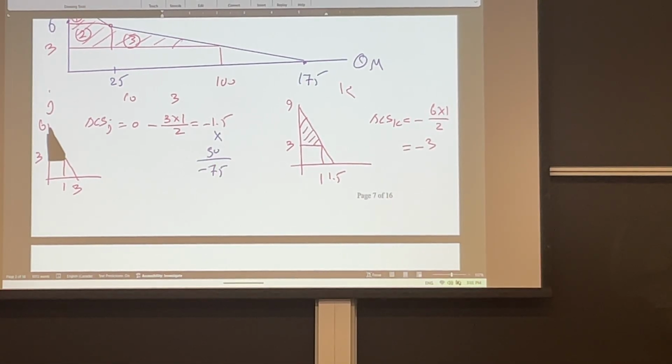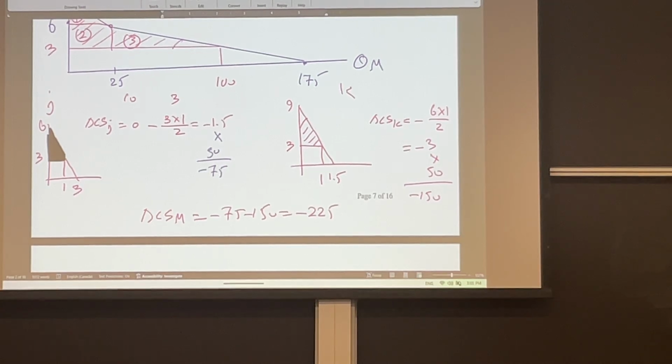But there are 50 people there, right? All together we'll lose how much? 150. The change in the consumer surplus for the market is the sum of these two, which is minus 225. So if you do it individually, you're going to get 225.